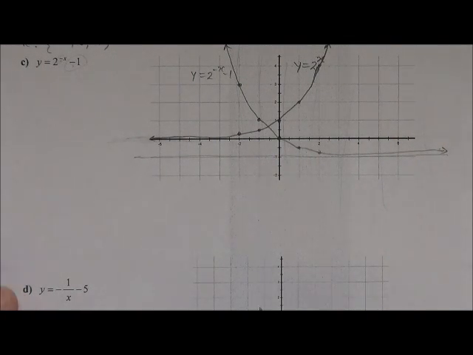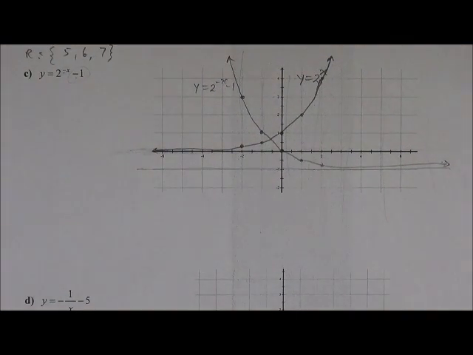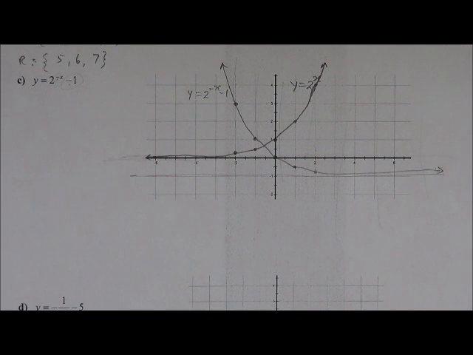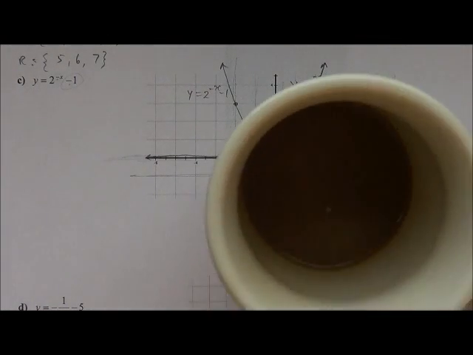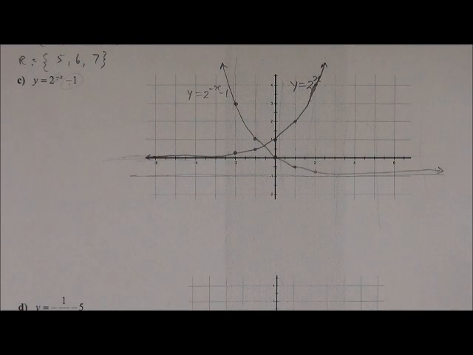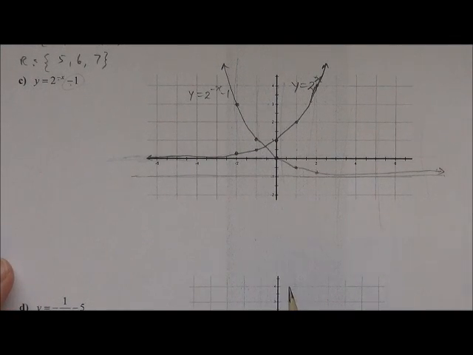So that means that all x values only relate to any one y value. So that means that yes, it is a function.